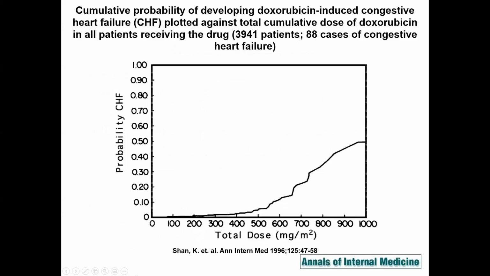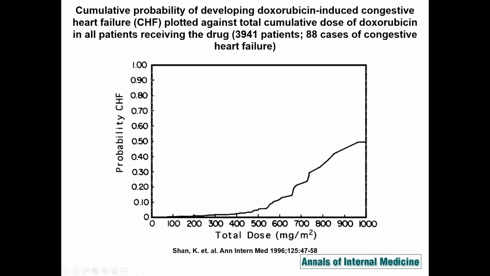So this is from 1996. On the left axis, there's the probability of CHF, and in the bottom, there's the total dose in milligrams per meter squared. And this is doxorubicin-induced congestive heart failure. There were about 4,000 patients here and 88 cases of congestive heart failure.